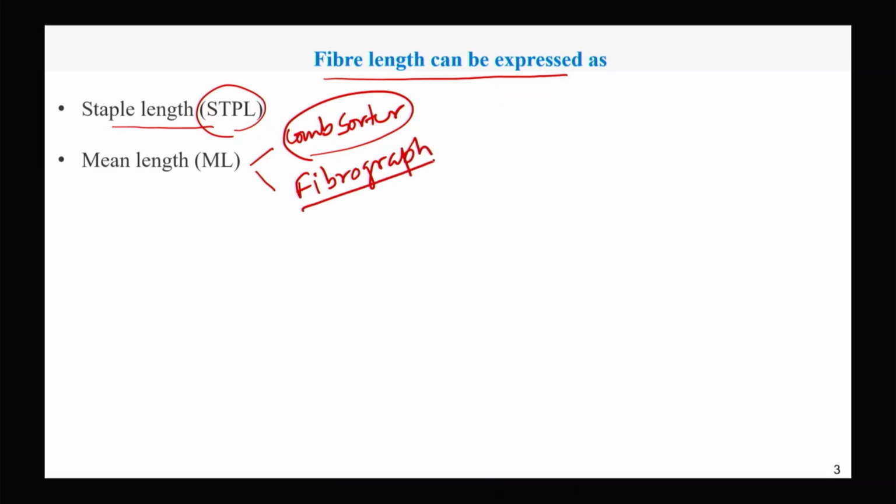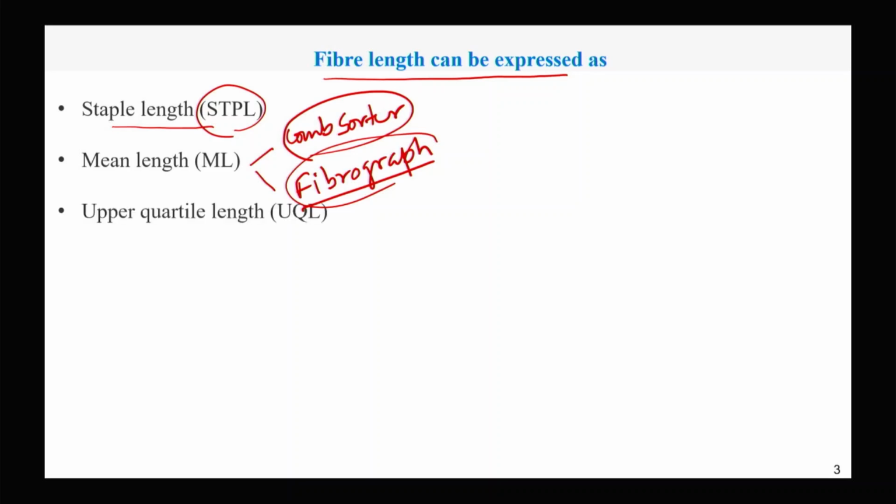So in comb sorter diagram we calculate the mean length of fiber in a different fashion than in fibrograph, and mean length can also be measured by measuring the individual fiber length, and then take the average.